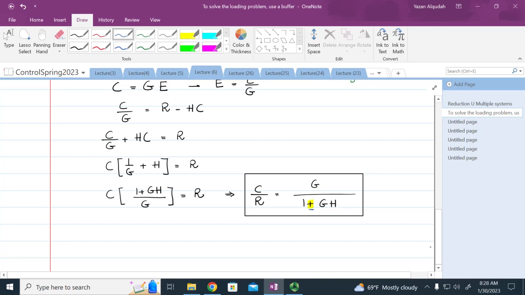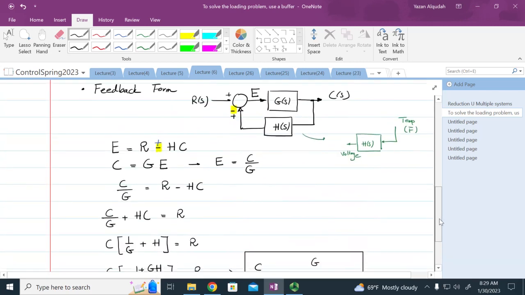Now one thing we're going to define here, this G multiplied by H, we're going to call it the loop gain. Why is it the loop gain?